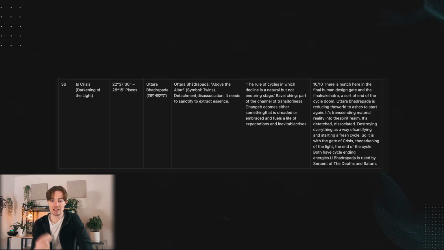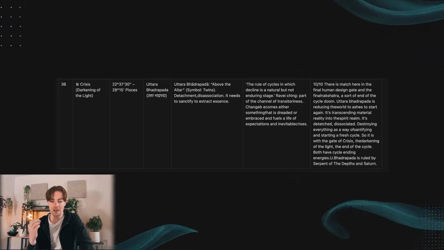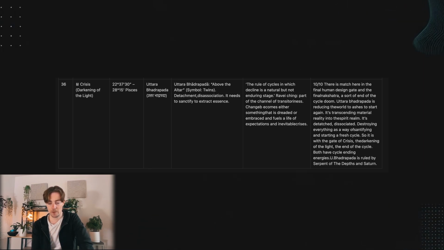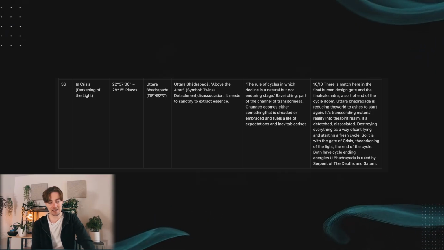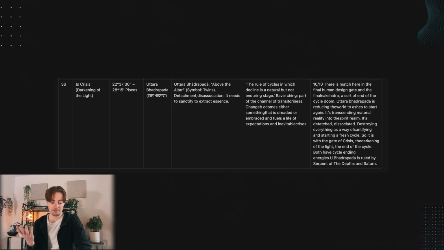So it is with the gate of crisis, the darkening of the light, the end of the cycle. Both have cycle-ending energies. Uttara Bhadrapada is ruled by the serpent of the depths, very kind of the evil and demonic ending, and by Saturn, the classic planet of age, decay, and death.